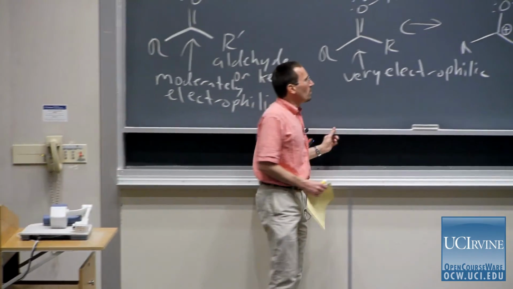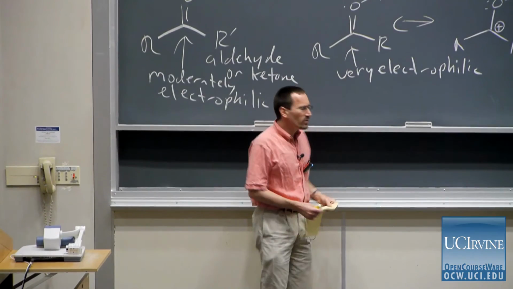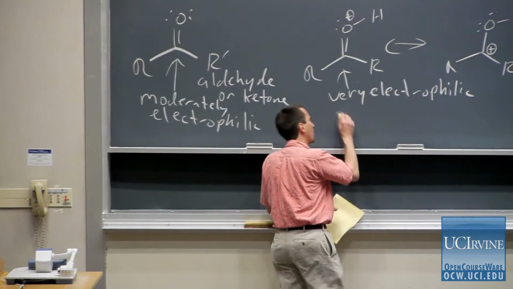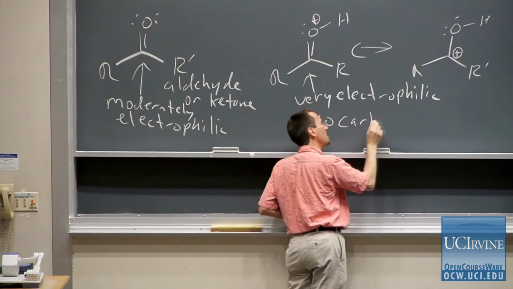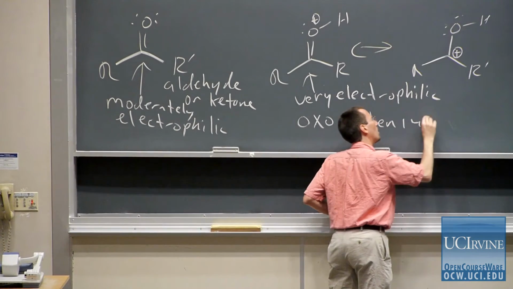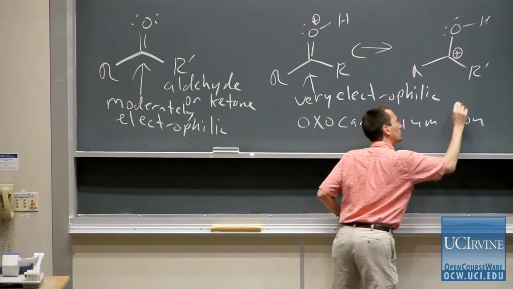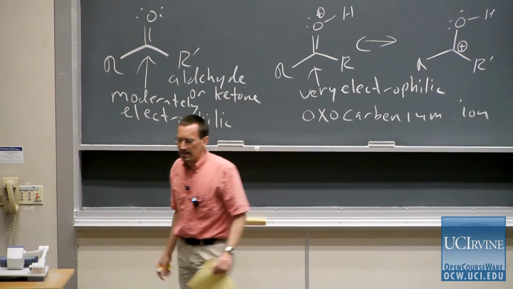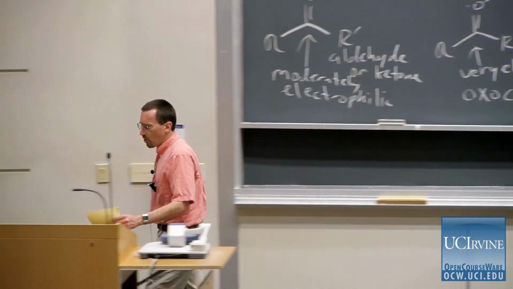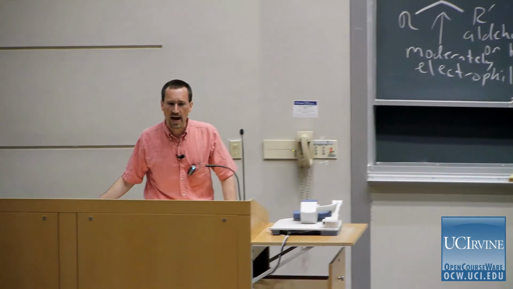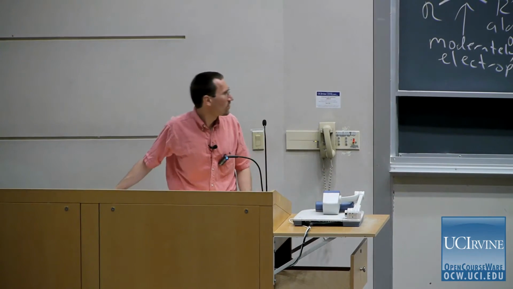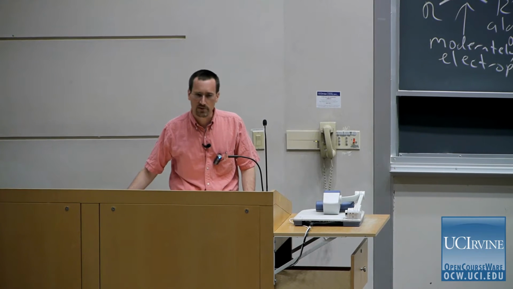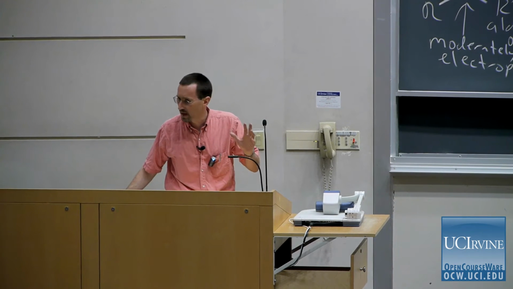And often we will refer to this species, I don't think your textbook uses this name, but sometimes I will refer to it as an oxocarbenium ion. Carbenium ion is a fancy name, or a more proper name, for carbocation, which you learned about in previous quarters. And oxocarbenium ion just tells us there's an oxygen substituent on there.